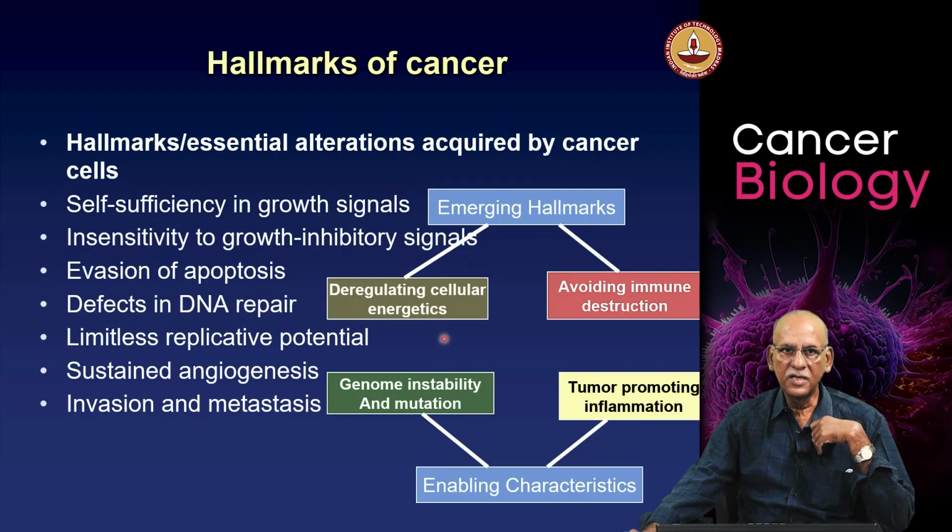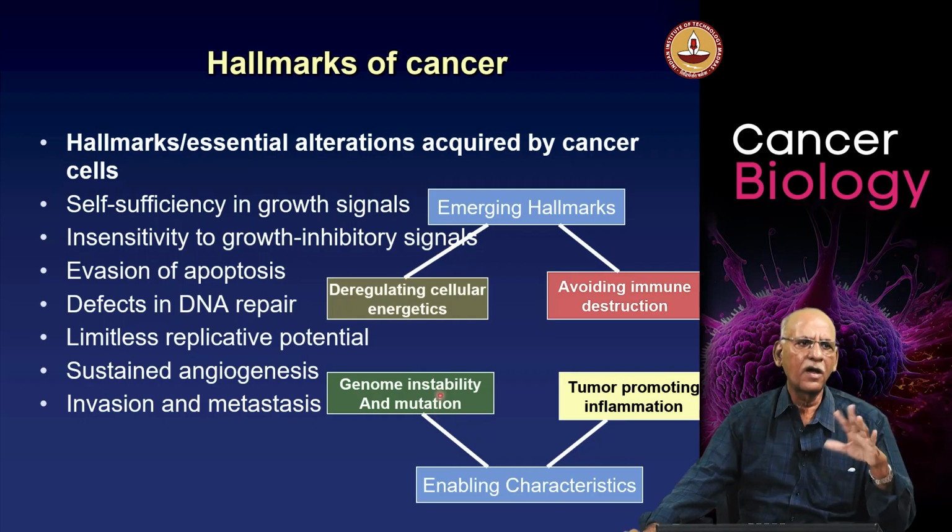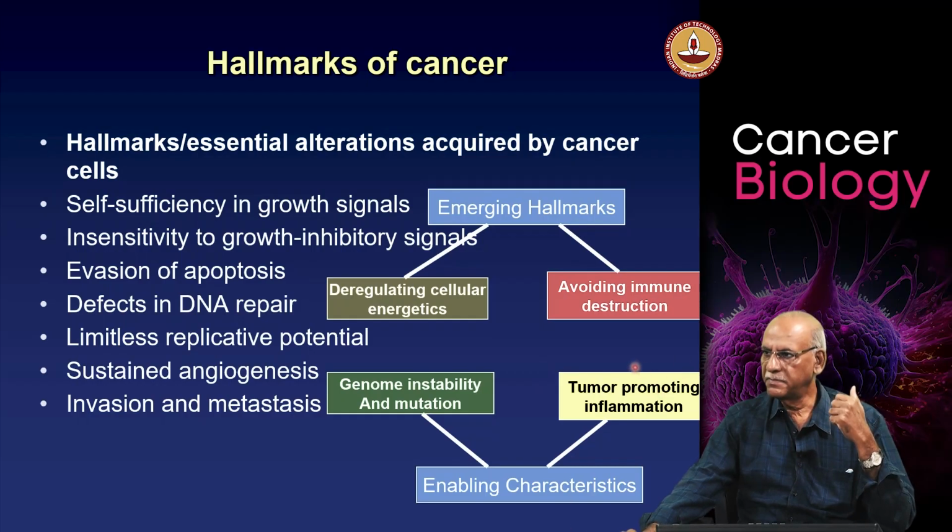Then deregulating cellular energetics, that is also another mechanism. Genome instability and mutation are characteristic features. We are talking about the different hallmarks of cancer cells. And then tumor promoting inflammation. As I told you, chronic inflammation will be tumor promoting. The acute inflammation will not be, that will be a kind of protective, but chronic inflammation will be promoting the tumor formation.